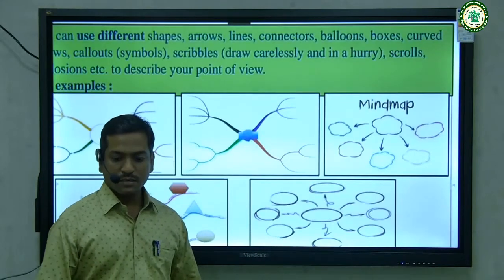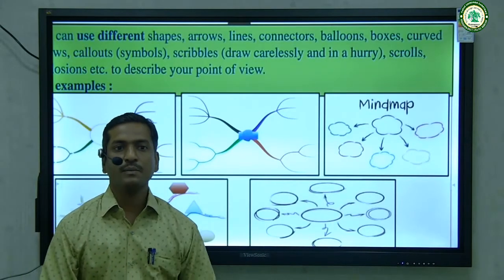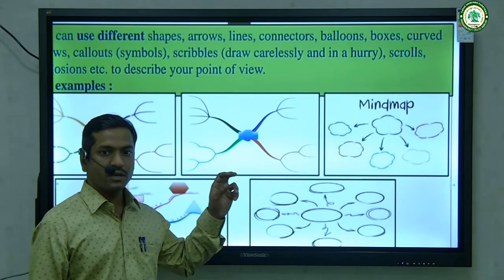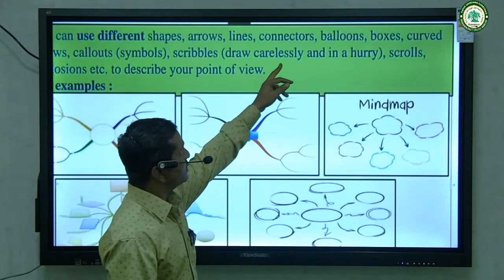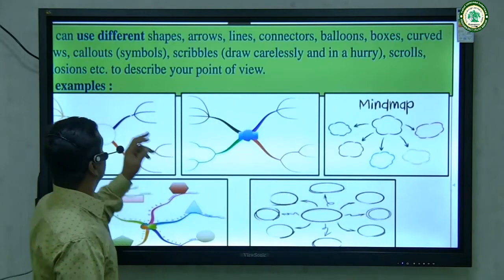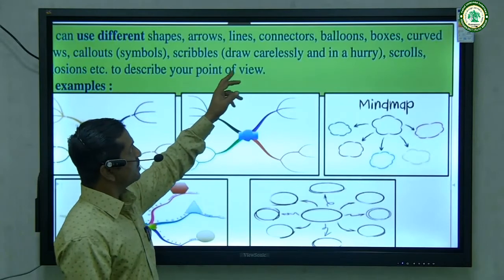Students, let us try to find out which kind of images, lines, or figures you can use in your mind mapping. You can use shapes, arrows, lines, connectors, balloons, boxes, curved arrows, callouts, that is called symbols, then scribbles.